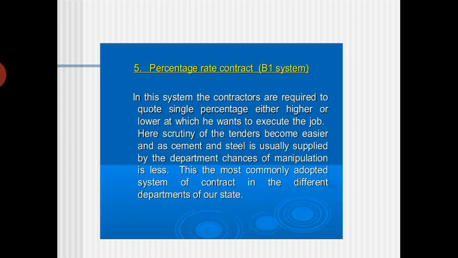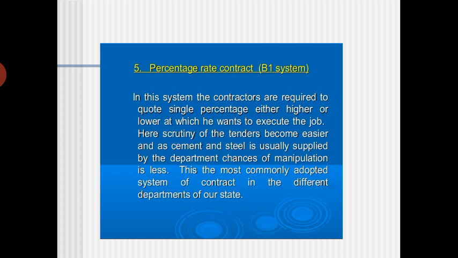process. Here the scrutiny of the tenders becomes easier, and if you consider some of the materials like cement and steel, they are usually supplied by the department and are in no way connected with the contractors.